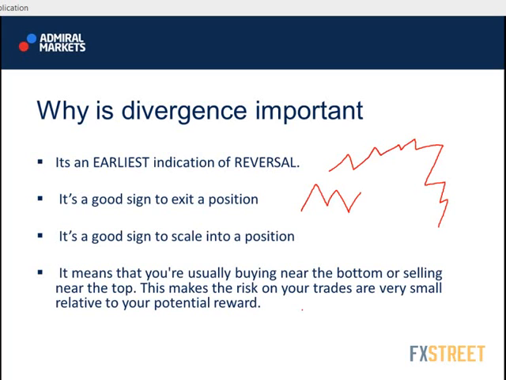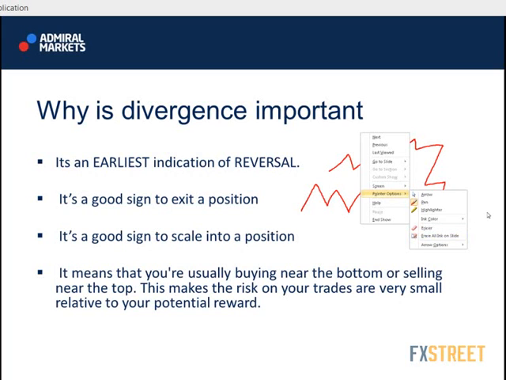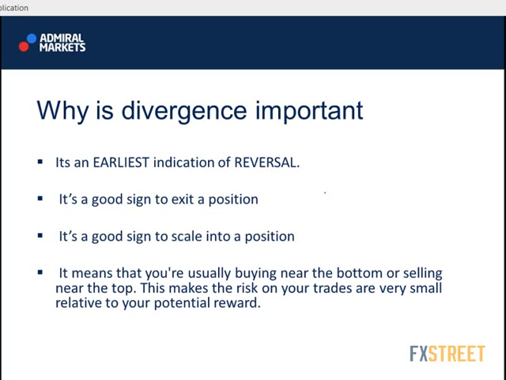Because you don't know whether you will have a retracement in the trend or a reversal of the trend. I hope that you understand this. I'm trying to give you the most simplistic explanation of divergence and trend movement.